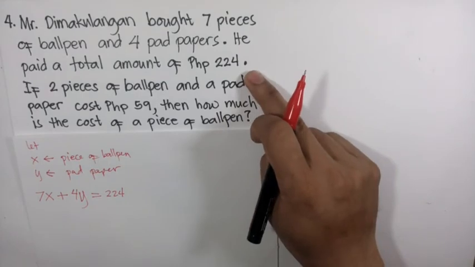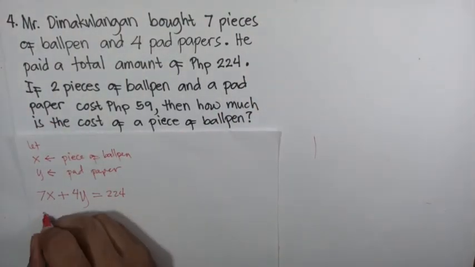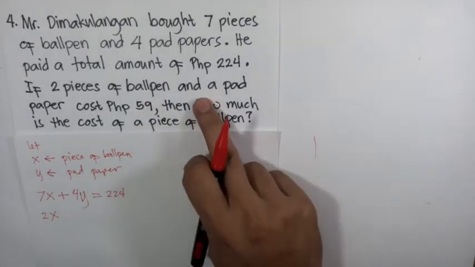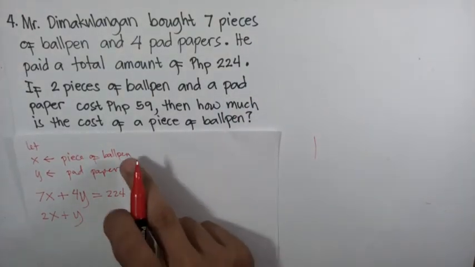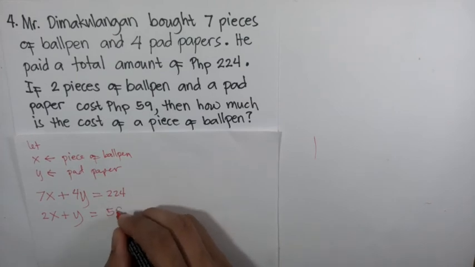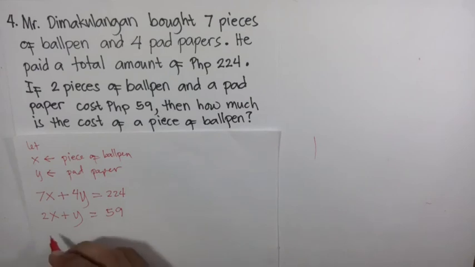Okay, we are done with the first statement. Let's go on to the second statement. If 2 pieces of ballpen, so 2x. Ballpen is x. 2 pieces of ballpen and the pad paper, pad paper is just y, cost 59 pesos. Then how much is the cost of a piece of ballpen? So he's asking about x, or a piece of ballpen.